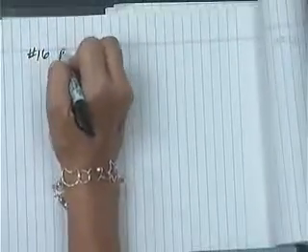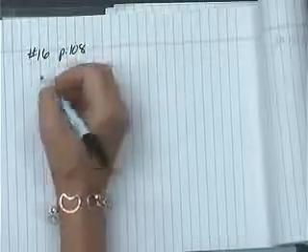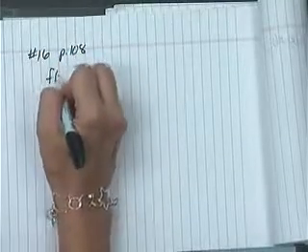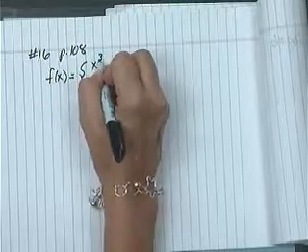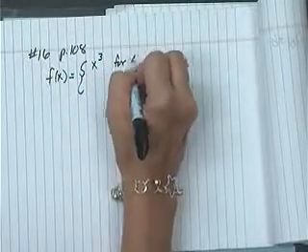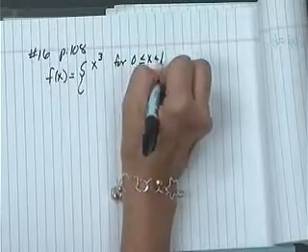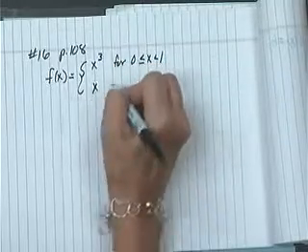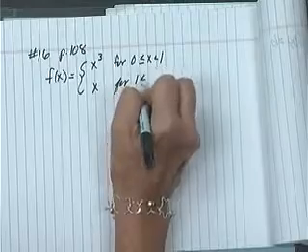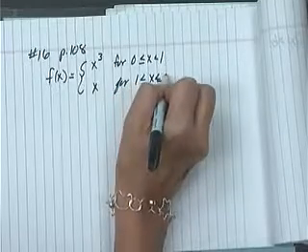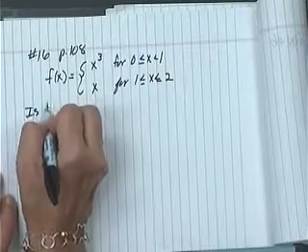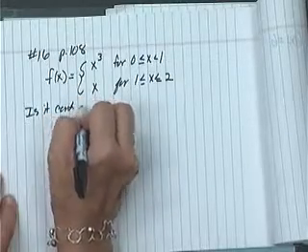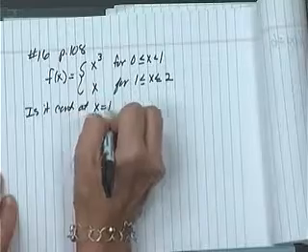Number 16, and this is page 108, and the function is f of x equals x cubed for 0 less than or equal to x less than 1. It's equal to x for 1 less than or equal to x less than or equal to 2. Okay, and the question is it continuous at x equal to 1?